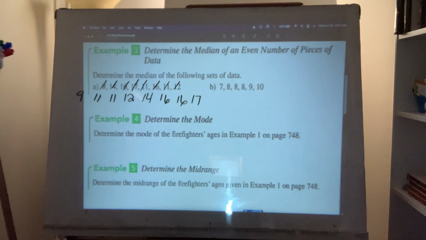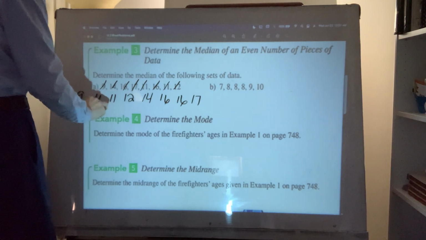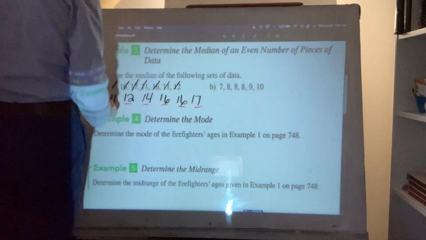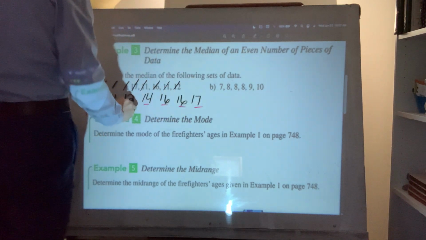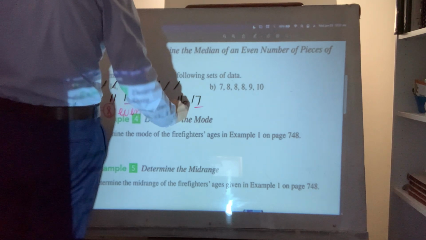Okay, now, what is the cardinal number here? 1, 2, 3, 4, 5, 6, 7, 8. This is 8 data values, so it's even. That means that you have to find the 2 in the middle and average them.